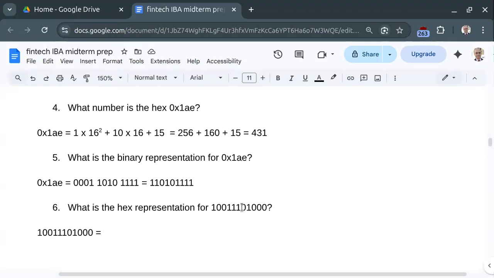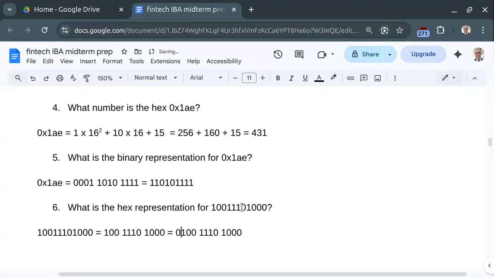So how do I find hex representation for that? Well, again, I just write in groups of four, starting from the right, moving to the left. And this one you can also write like that.